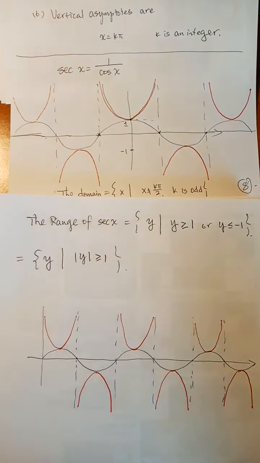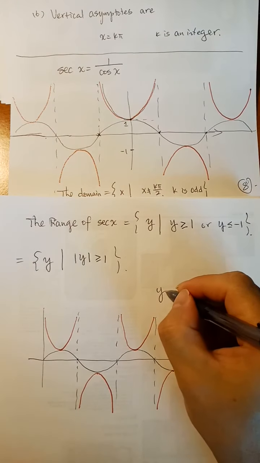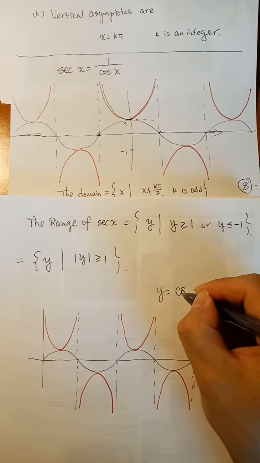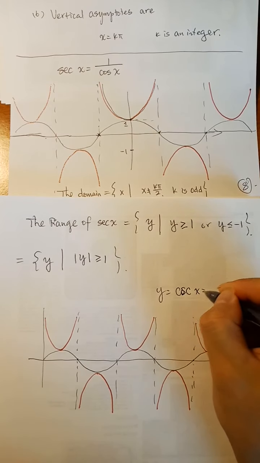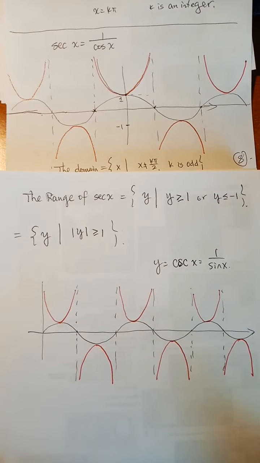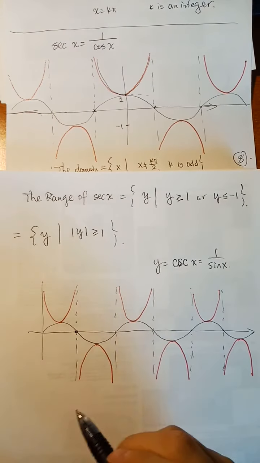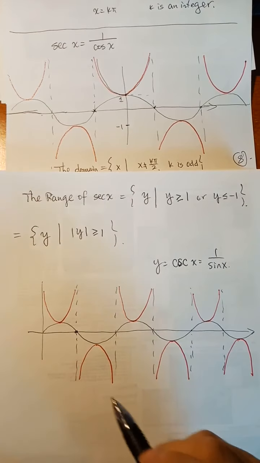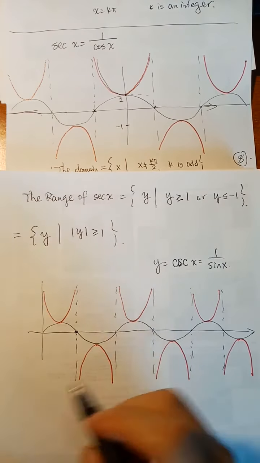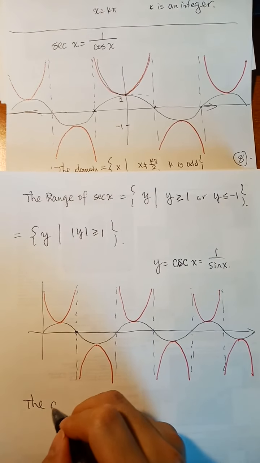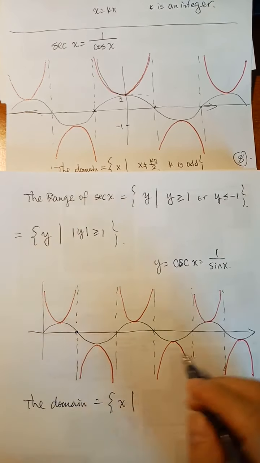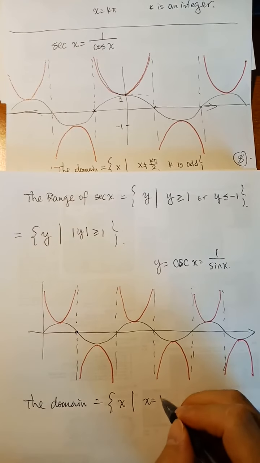Okay, so this is a graph of y equal to csc, cosecant of x is 1 over sine. Cosecant of x, 1 over sine. And like the cotangent, cosecant, they share the same denominator, so they share the same domain. The domain is all real x except x is equal to k pi.